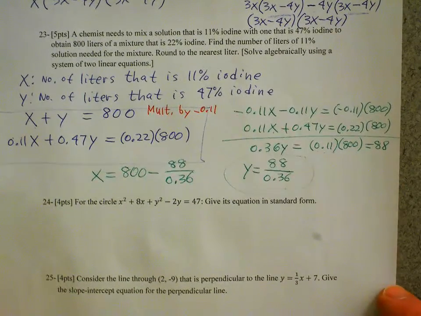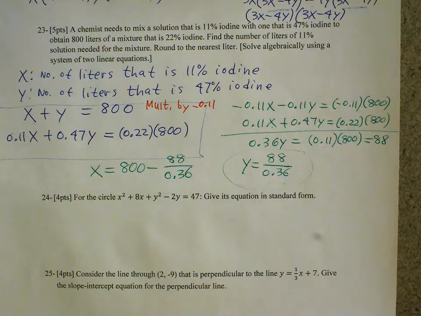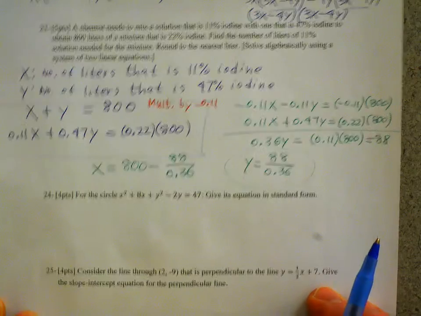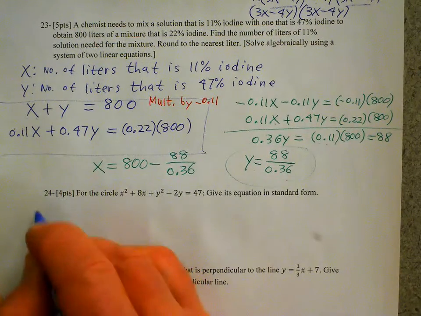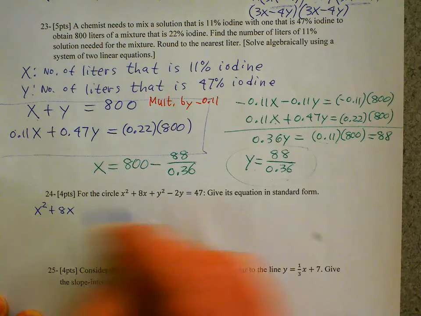Okay, the next problem: for the circle x squared plus 8x plus y squared minus 2y equals 47, give its equation in standard form. To get it into standard form, we have to complete the square twice.